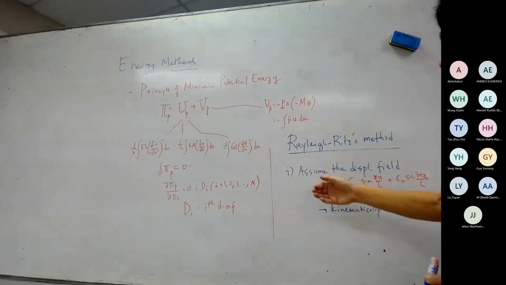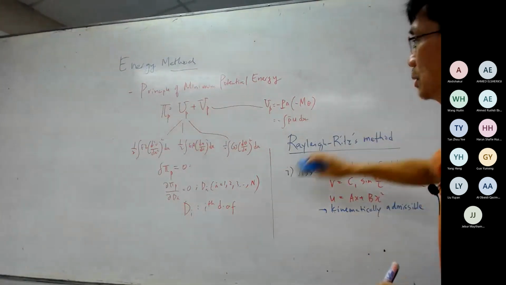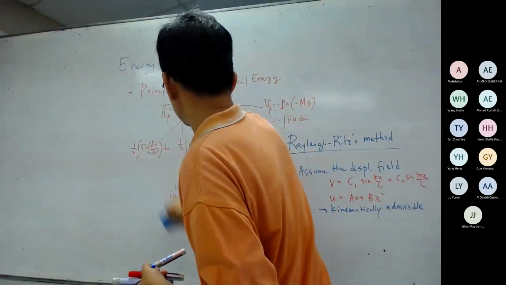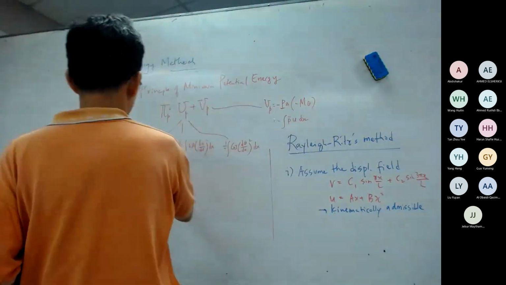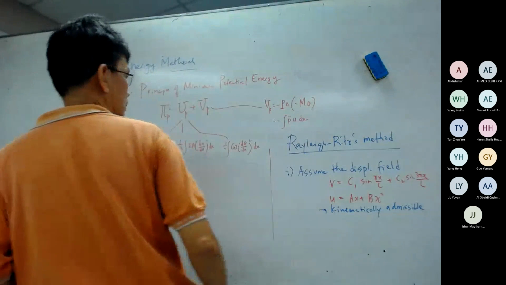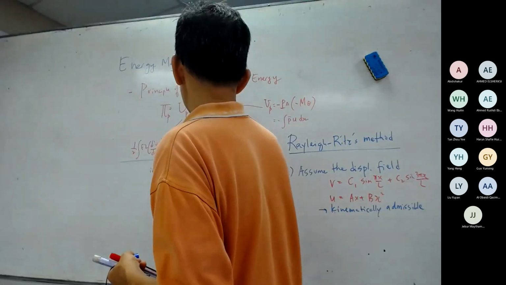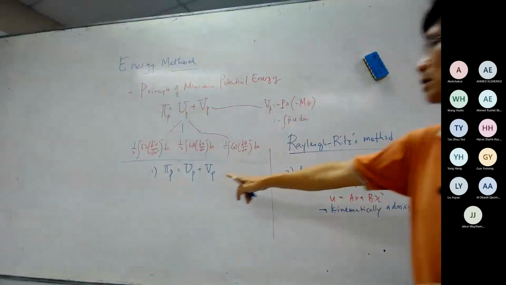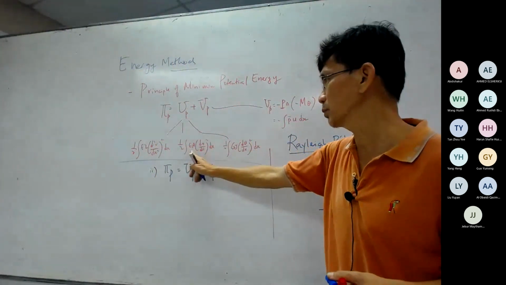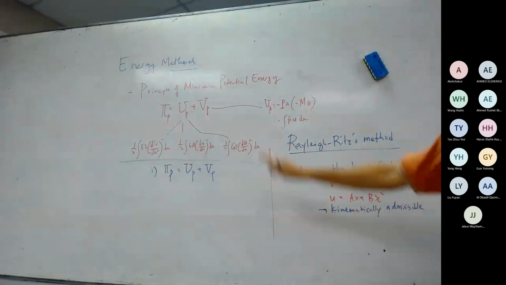So the next step, number 2, after you do this: we evaluate the total potential energy, which means you need to get the strain energy. As I mentioned, it depends on whether it is a bending problem or an axial force problem, and the strain energy will be used accordingly.